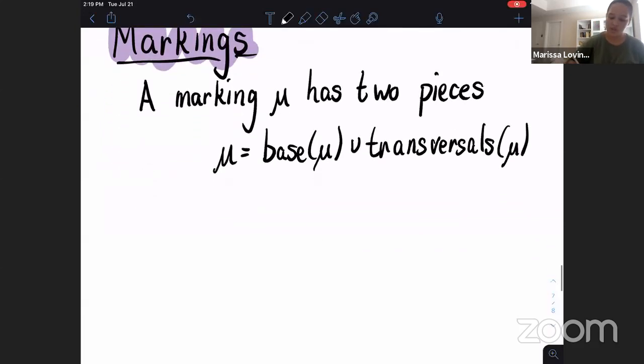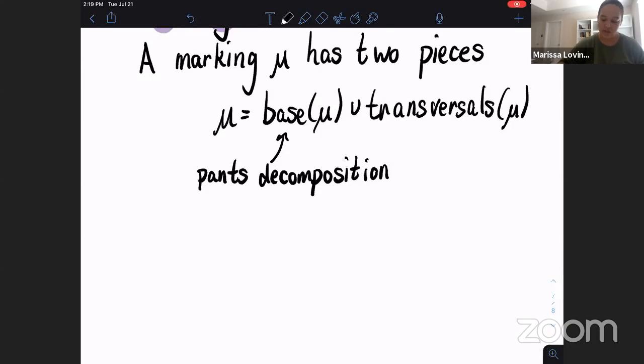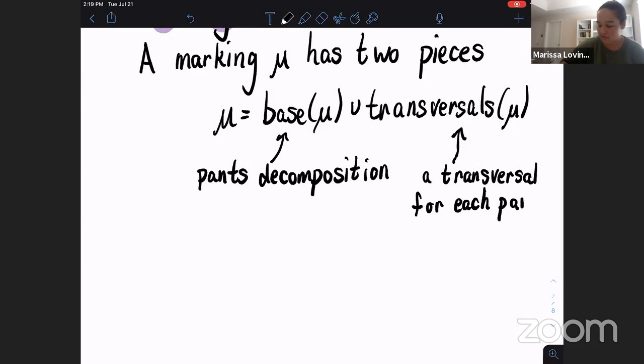This base is going to be something super familiar to us right now: a pants decomposition of our surface. And the transversals: we have a transversal for each pants curve. This is going to be a little hand wavy.